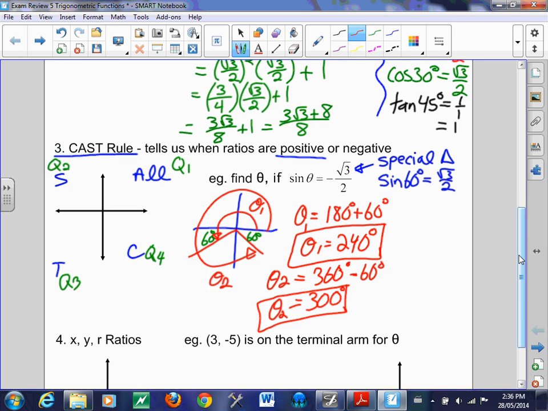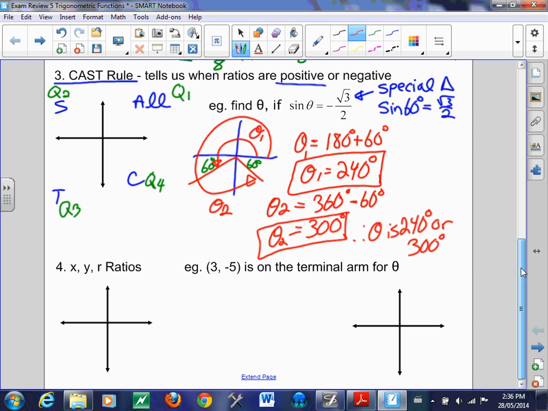Don't forget your degree sign there. Therefore, theta is 240 degrees or 300 degrees. Good? All right. Number 4, x, y, and r ratios.